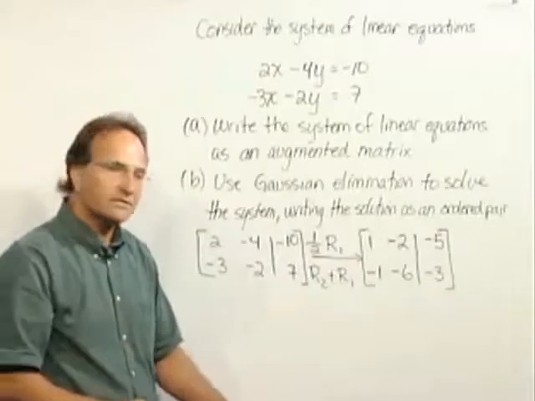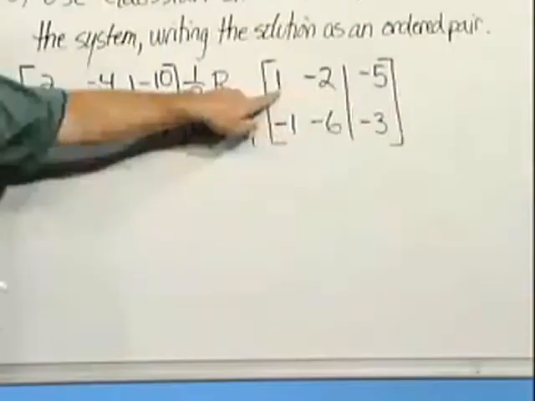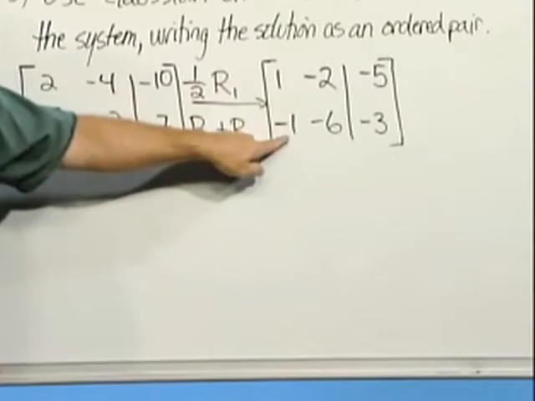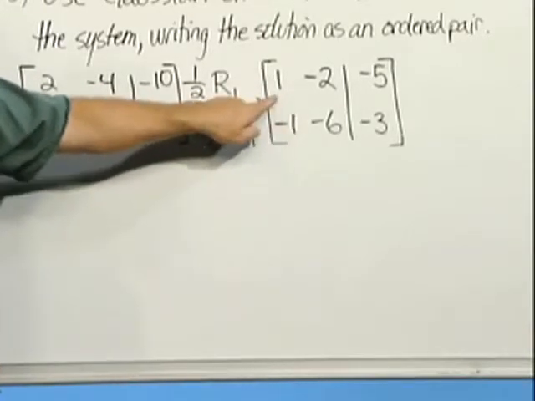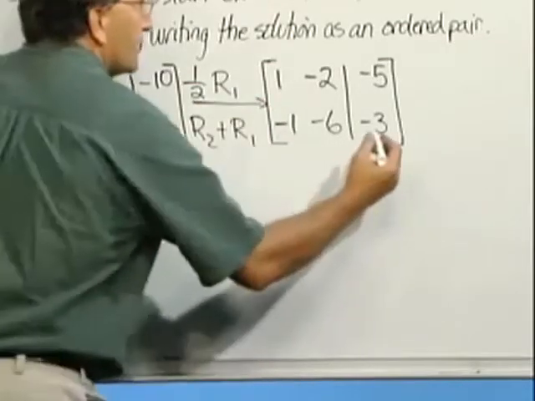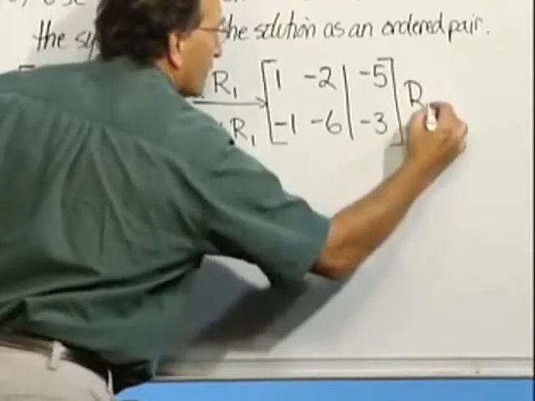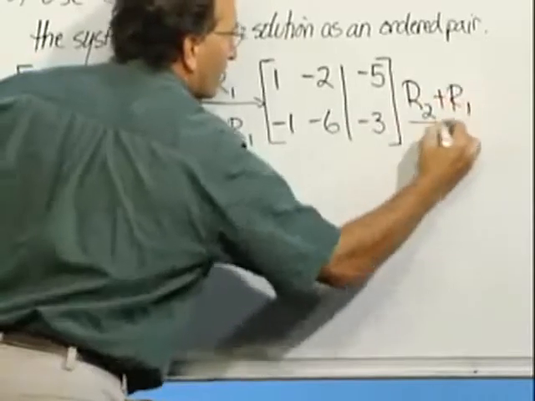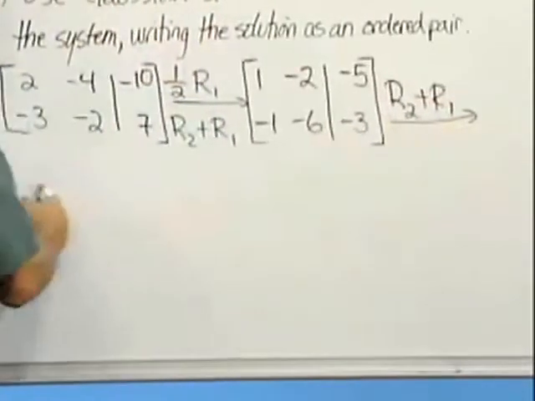Now what we're interested in, remember, is getting a 1 in this position, which we've done. Next, we would like to have a 0 in this position, which we can accomplish by adding row 2 plus row 1. So let's do that next. Row 2 plus row 1. However, the result I'm going to write here.